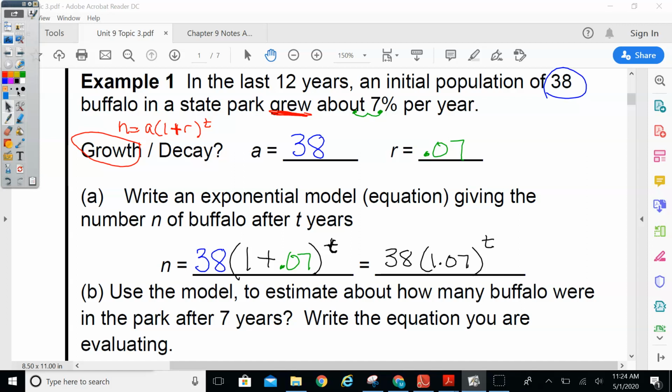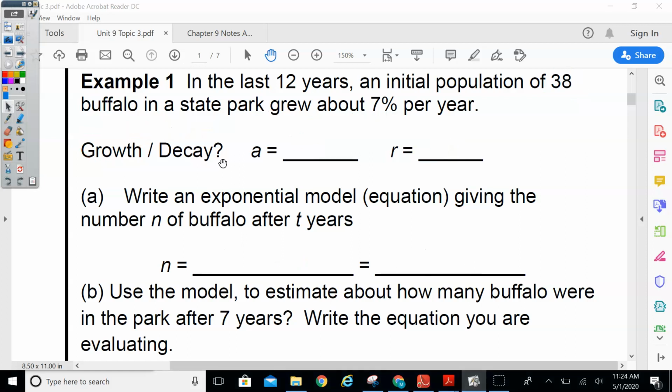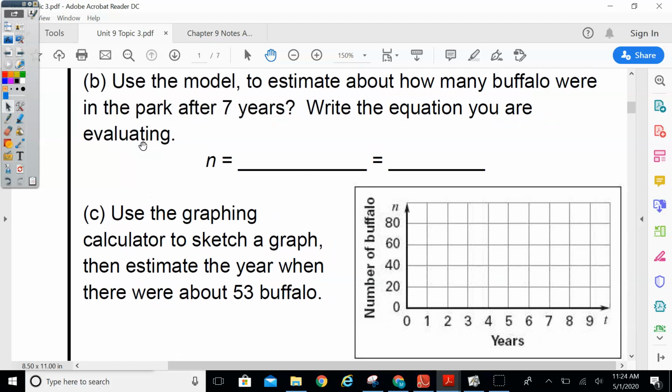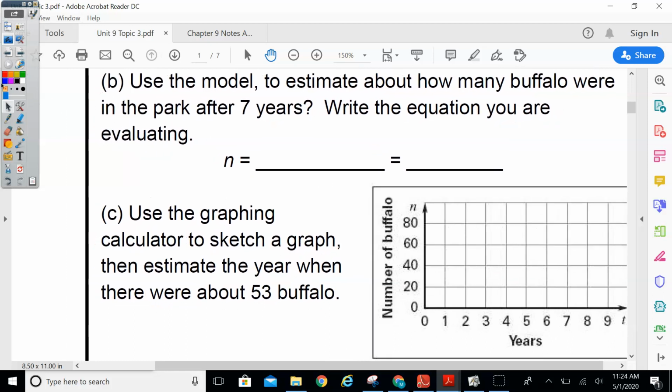So this is where you're going to need your calculator. At part B here, we want to use that model to estimate about how many buffalo were in the state park after 7 years. So 7 here is going to be our T. So our equation was 38 times 1.07 to the T, which is going to be 7.